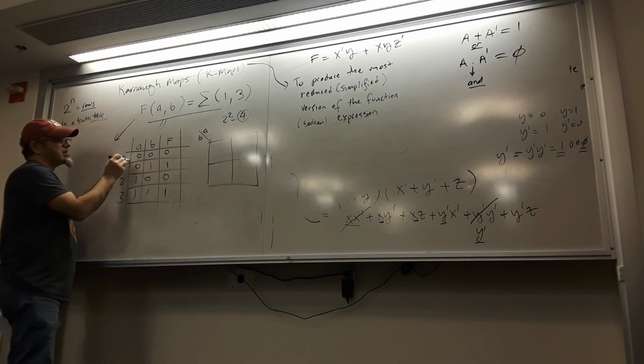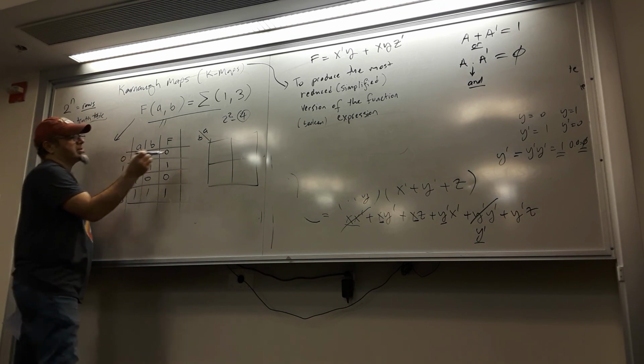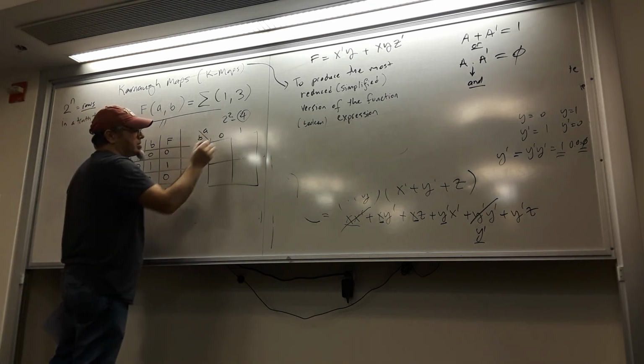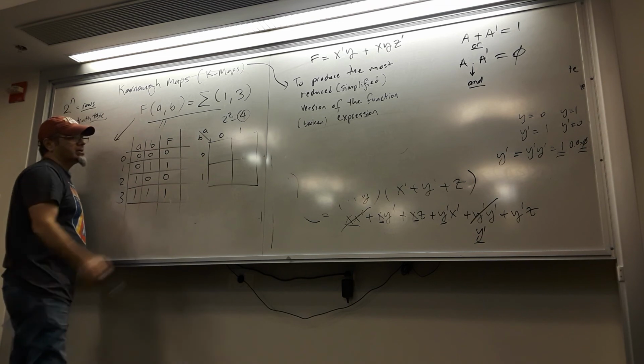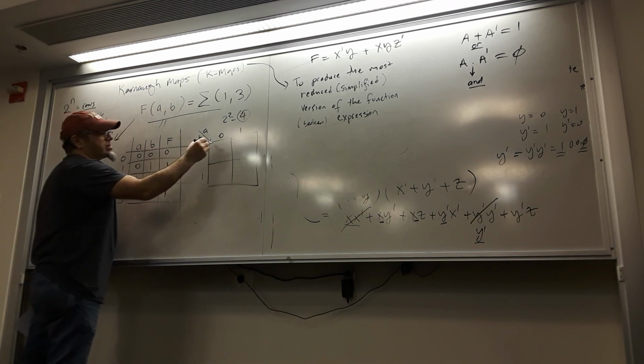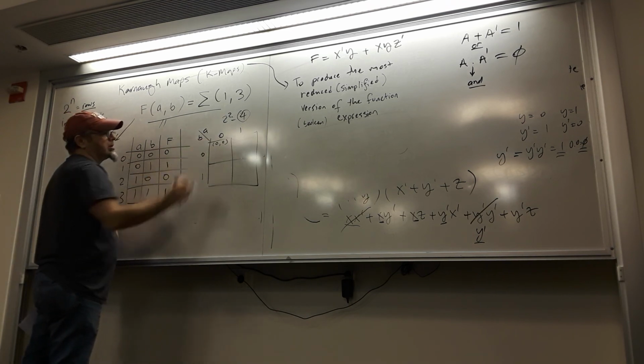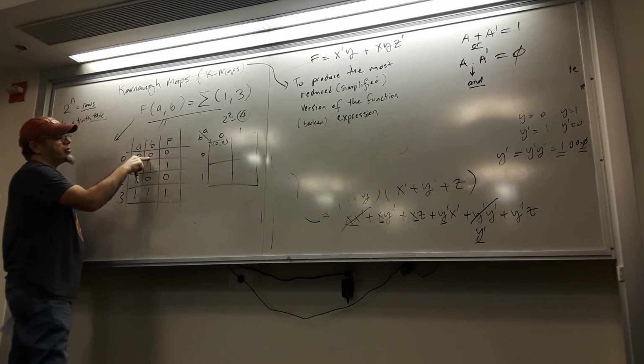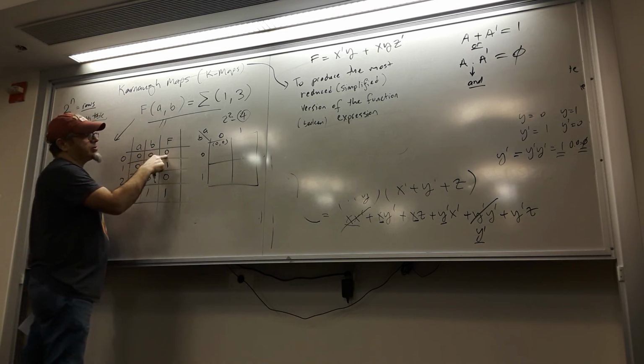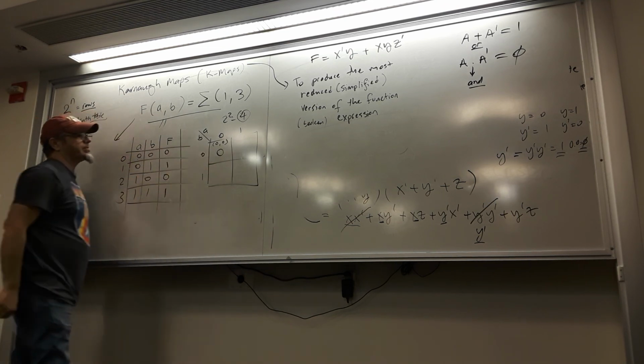For box 0, I need 0 and 0. So I put values here, 0, 1, 0, 1. This is the coordinate, actually the input, for 0, 0. What is the value of the function? It's a 0 right here.